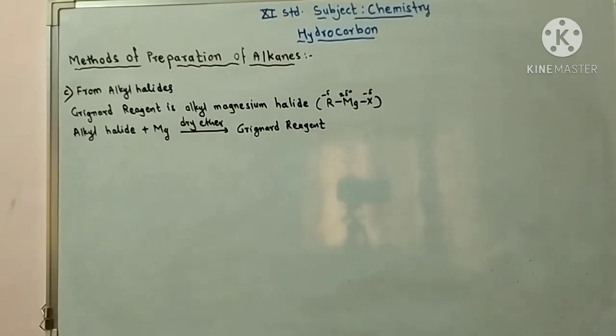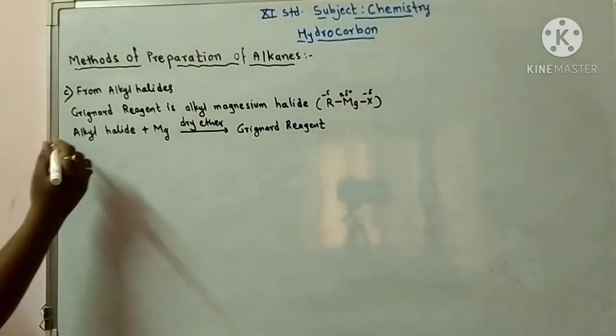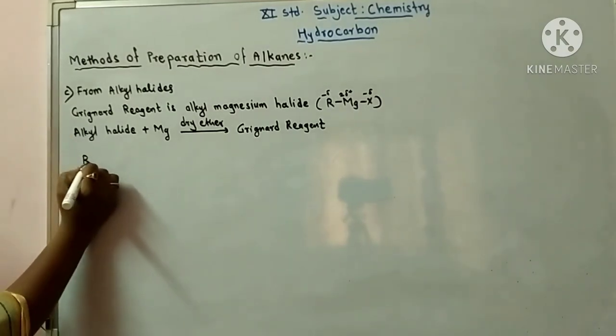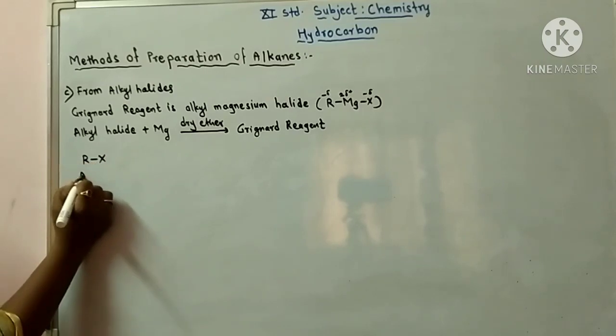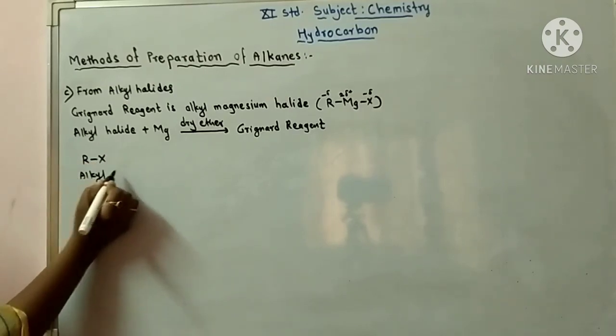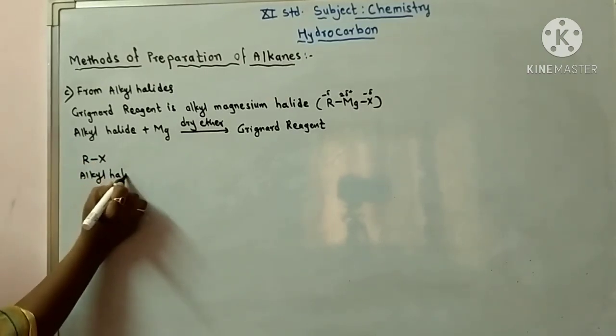Let's see the general reaction for the preparation of Grignard's reagent. RX is the alkyl halide, the general formula for alkyl halide.